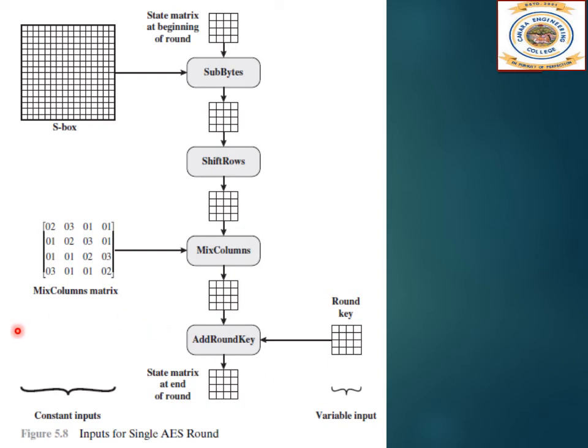So the S box and this mix column matrix are constant inputs, whereas for the round key, every round the keys are different, it is not the same. So this figure depicts the inputs for a single AES round.